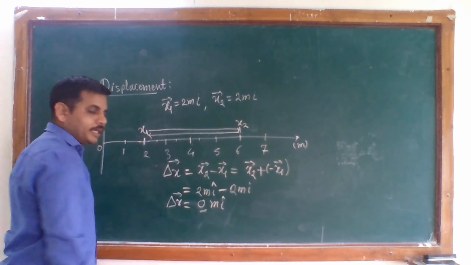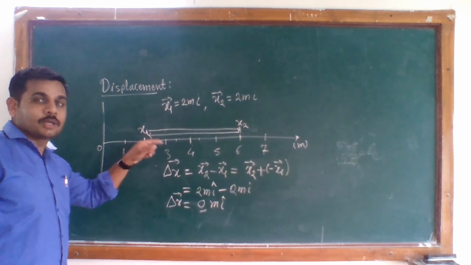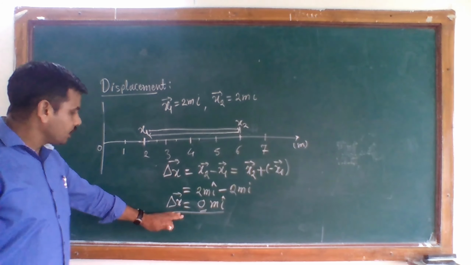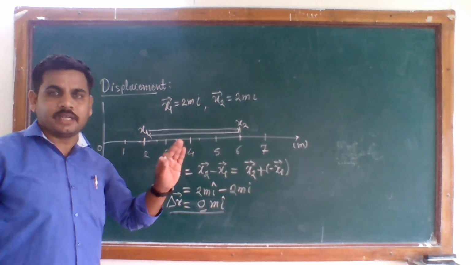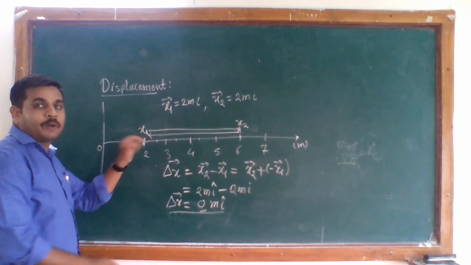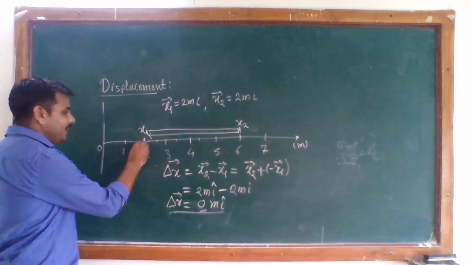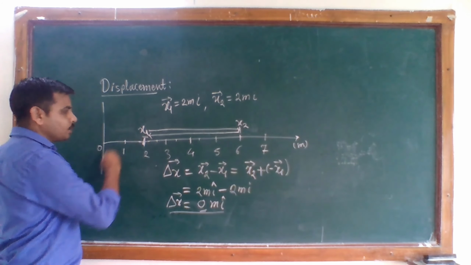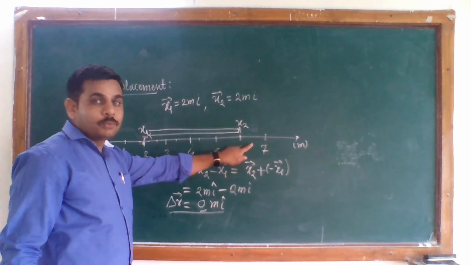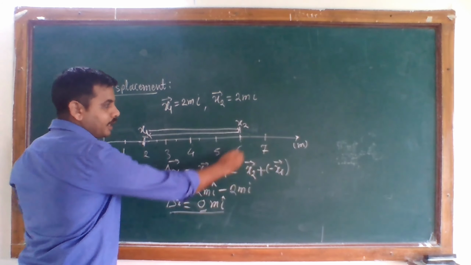So this 0 indicates that the object does not change its position, or we can say that delta x is the displacement. In displacement we just involve the initial and final position. In our first case, the initial position is x1 and the final position is x2. In the second case, your initial position is x2 and the end position is x1.